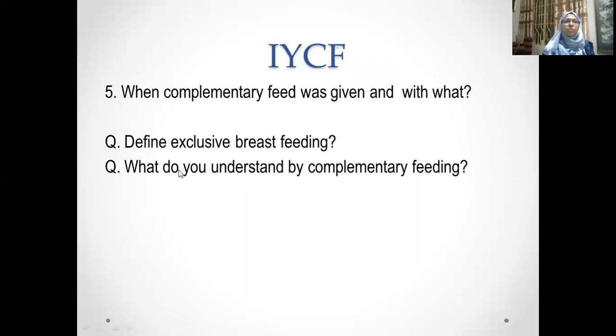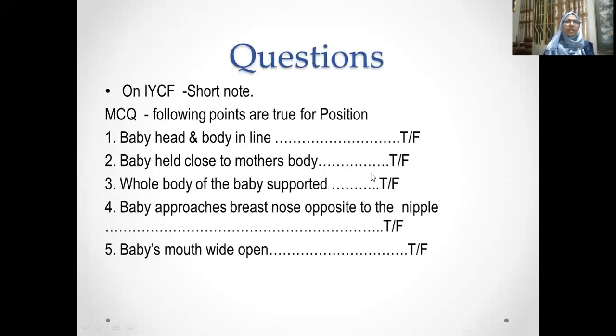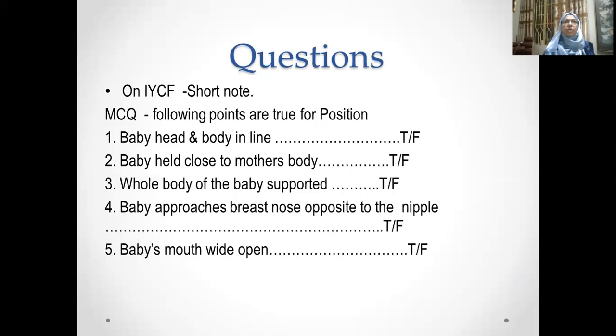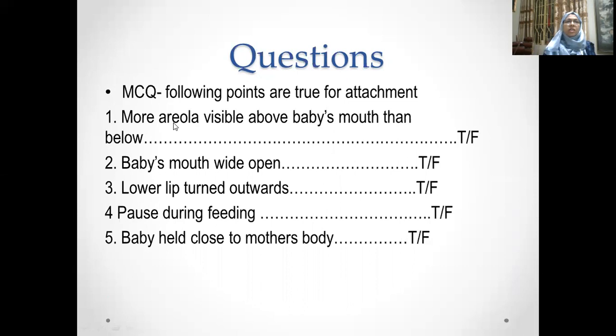What do you understand by complementary feeding? And you may have MCQ like that, and you have to answer true or false. This one is, the following points are true for position, and this question is, the following points are true for attachment.